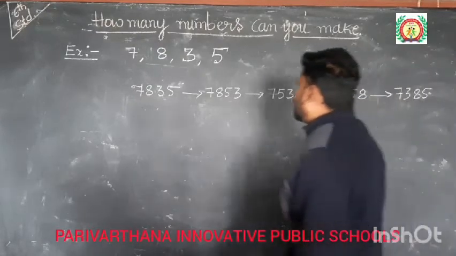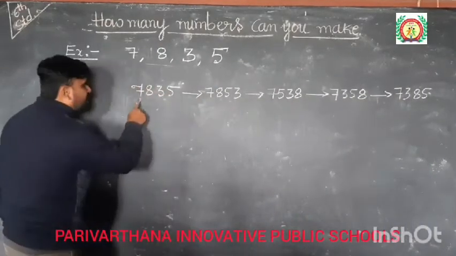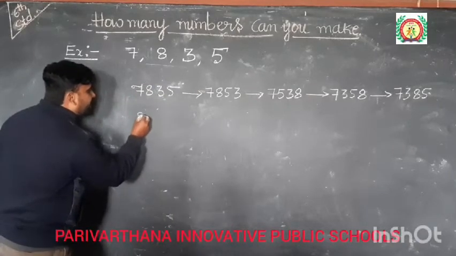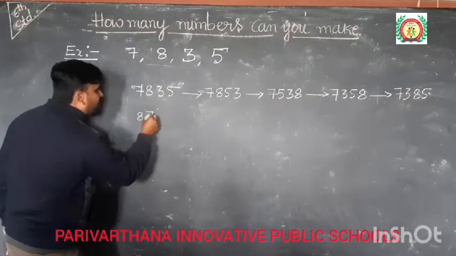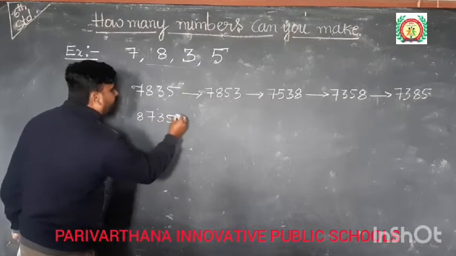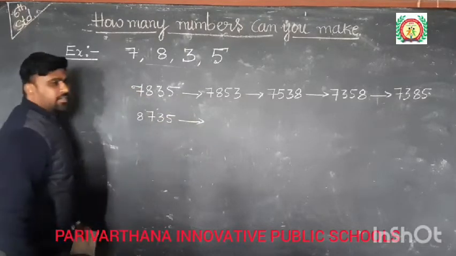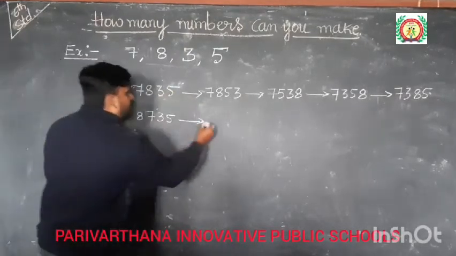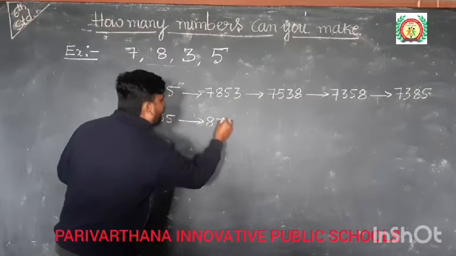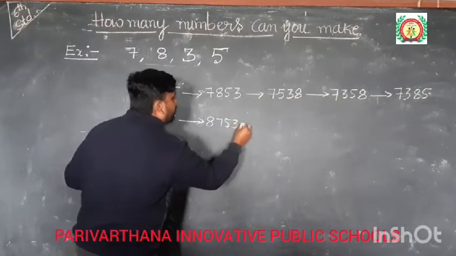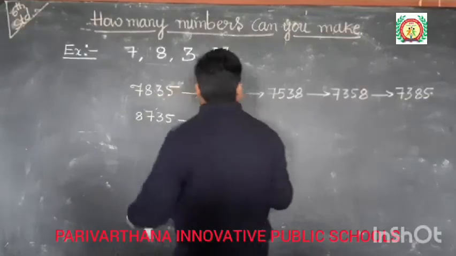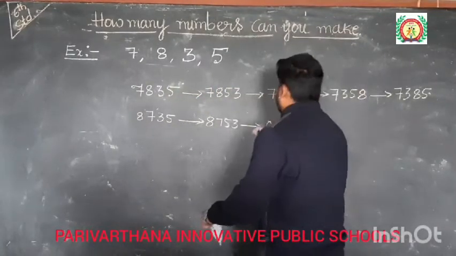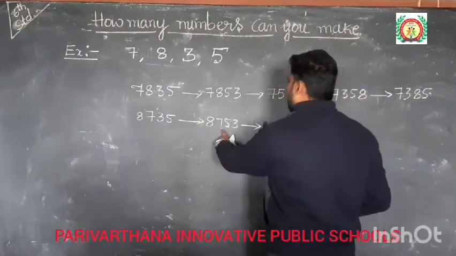Okay, next, 7 is finished now. In place of 7 we can take 8. 8,735. Same way, 8,753. Next, 8,000, 5 here.